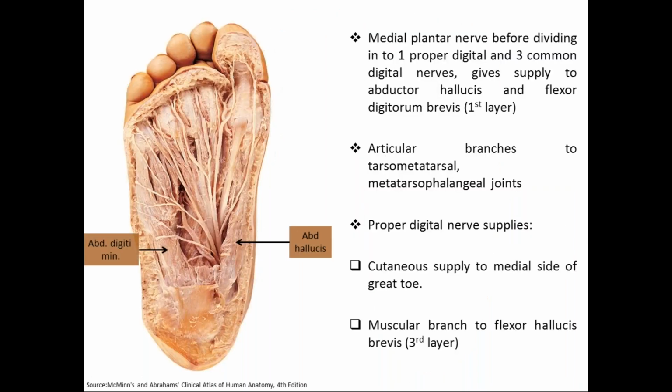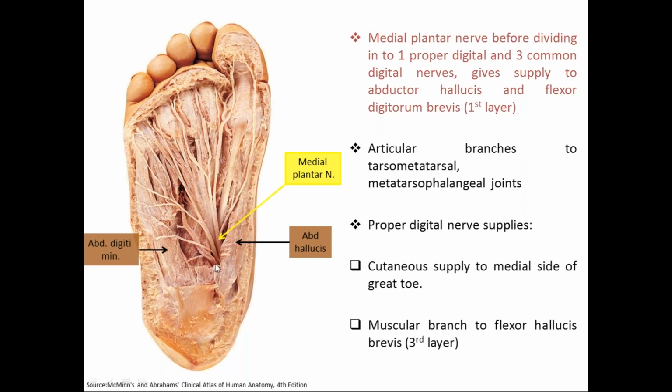Now what we can see again over there, the medial plantar nerve is going to divide into these digital branches, but the main trunk of this medial plantar nerve, before giving these digital branches, in the proximal region, gives some branches to the muscles of the first layer of the sole. And these muscles are the abductor hallucis and flexor digitorum brevis, right?